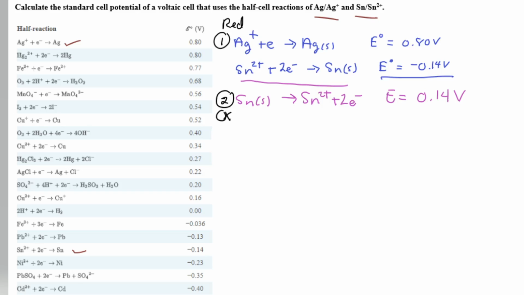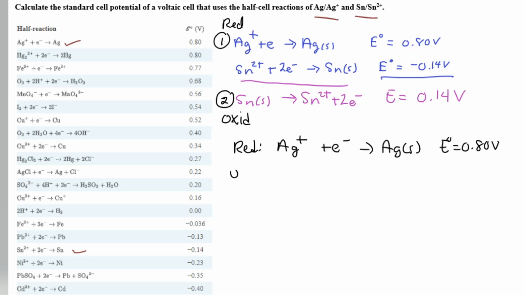Okay, that is ridiculous. Let's try that again. Oxidation reaction. If we add them together, let's just bring them down here one more time. So the reduction reaction is the silver plus an electron goes to silver solid, where your E naught is 0.8.